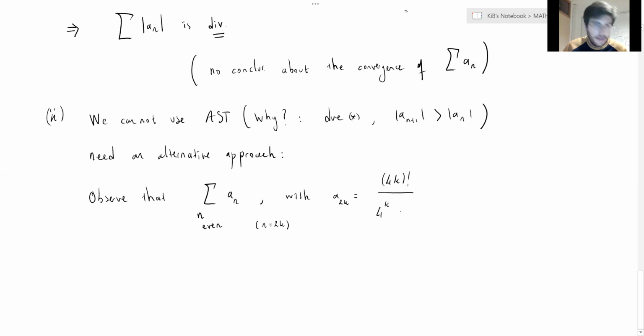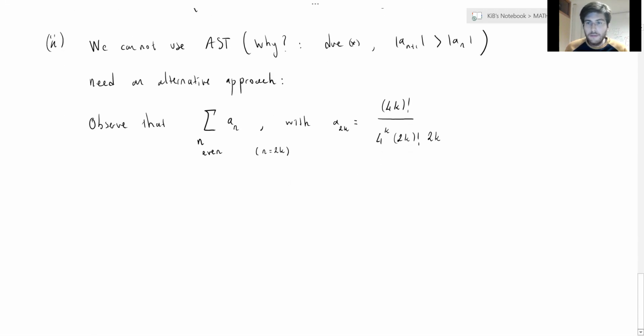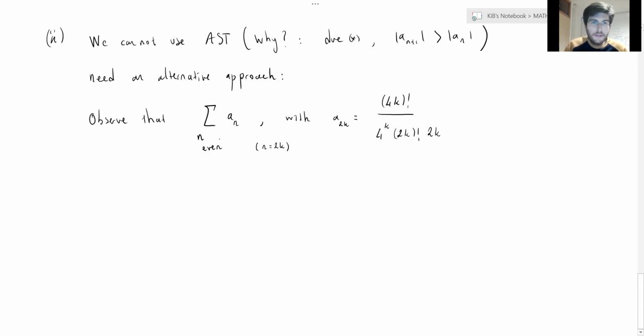Please check. This is your even indexed terms, basically. And if you look at the corresponding part of the series, just look at this part of the series, when n is even.